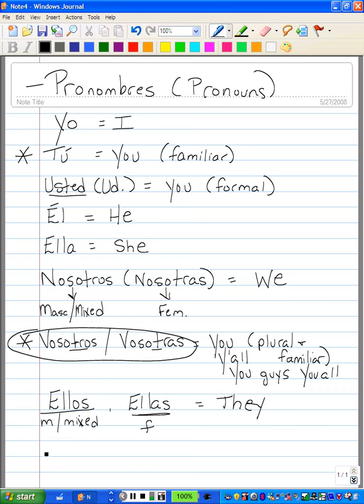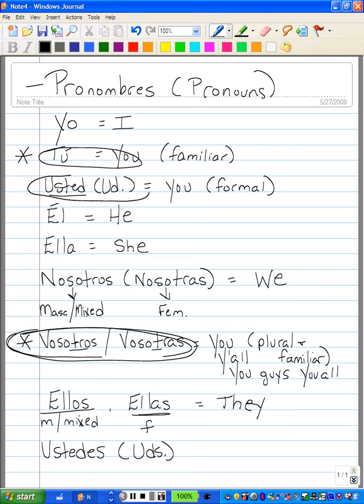Alright, and the last one that we need to talk about is the word ustedes. And ustedes is abbreviated UDS. Remember up here we said that tú was the singular of vosotros. Tú is one person, vosotros is more than one. Here, usted is the singular of ustedes.